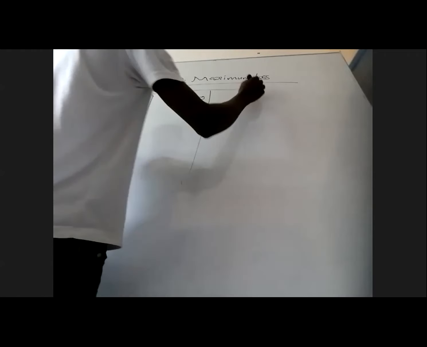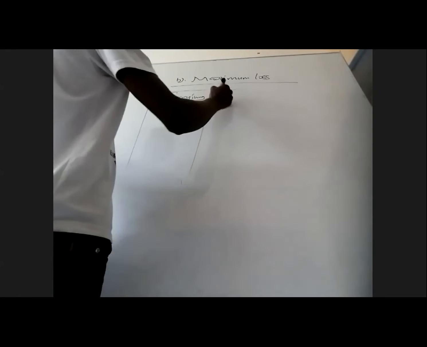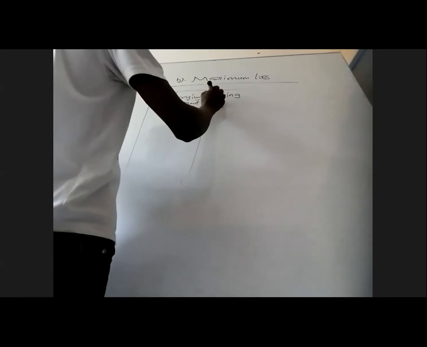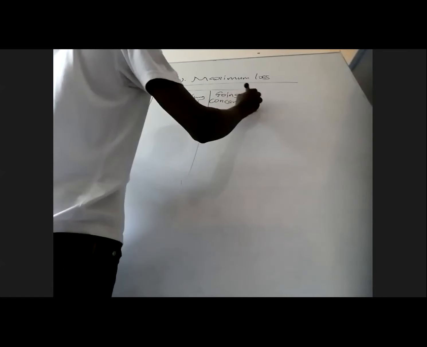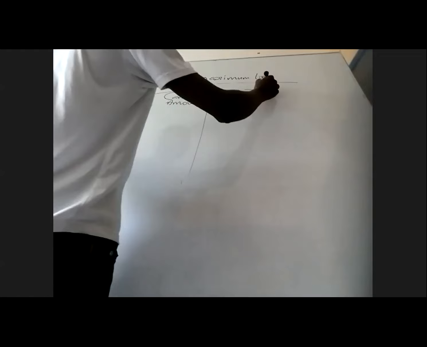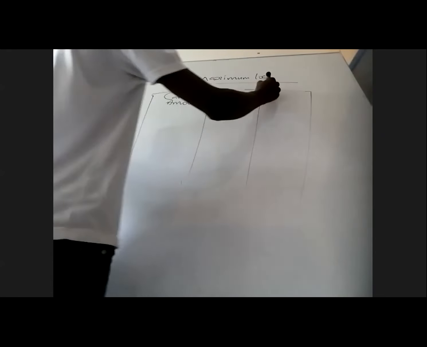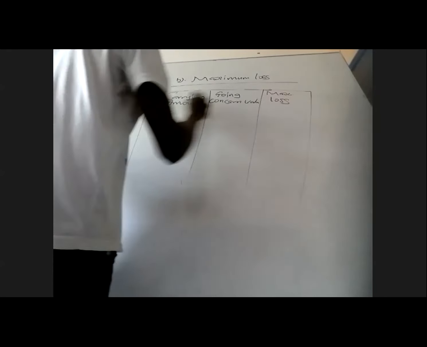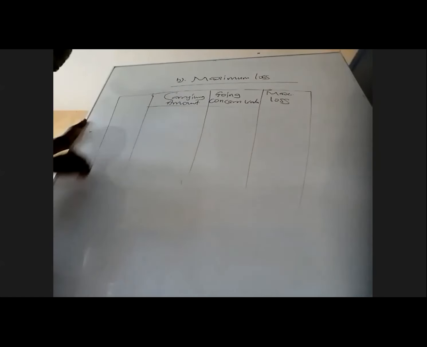Then we compare it with the fair value. We call it the going concern values. Going concern value. Good. And then this column will be the maximum loss. I hope you get it. Good. So we have a nice table like this.